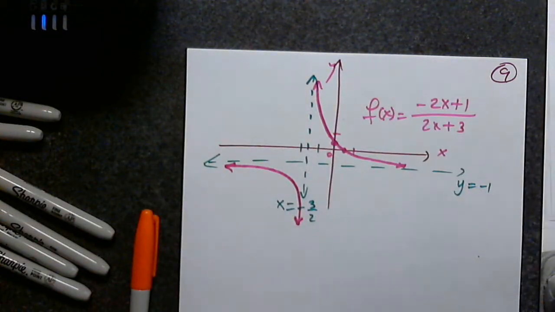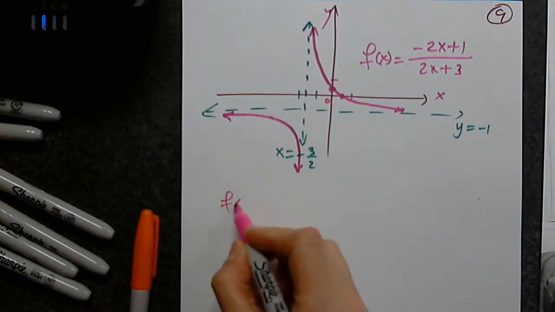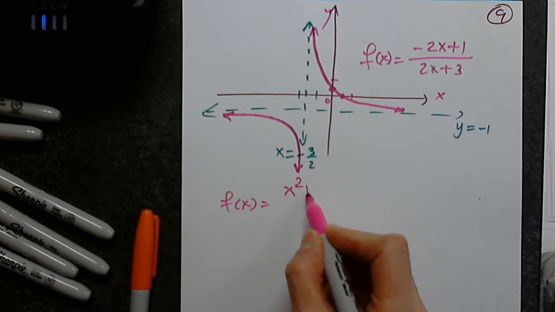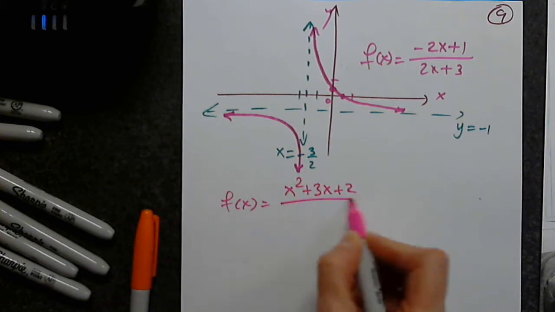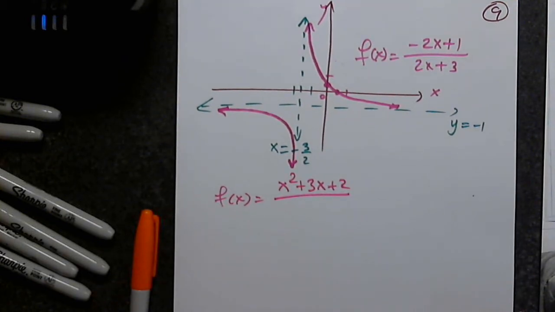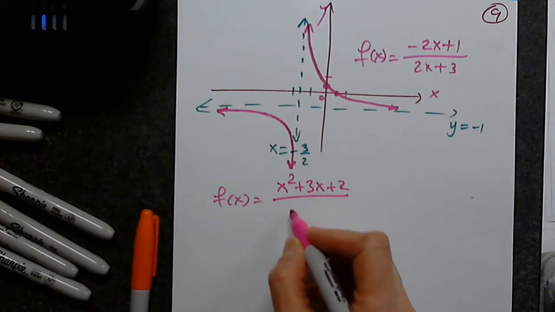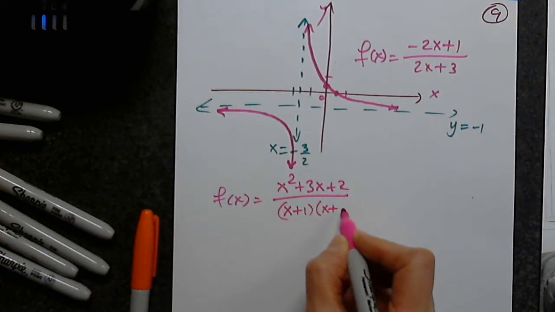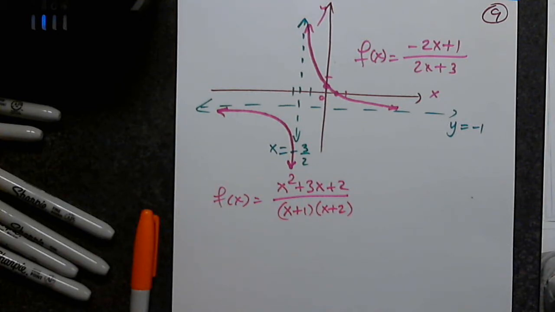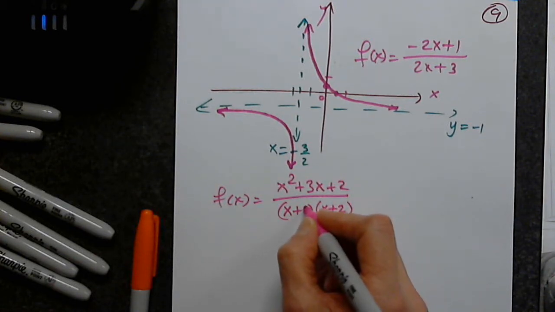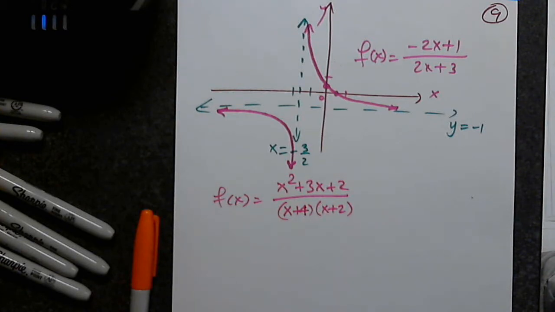No, I have to make up another one. Here's our f of x: x squared plus 3x plus 2 over x plus 4, x plus 2.